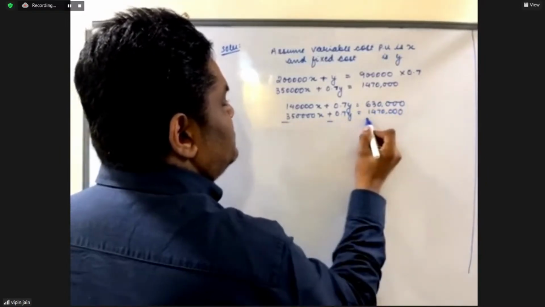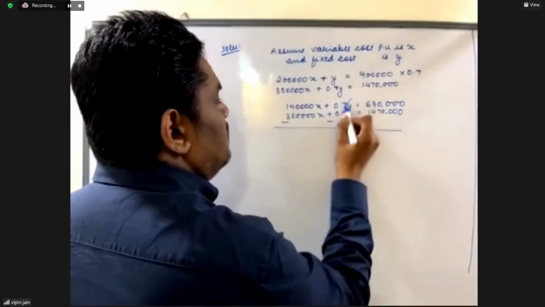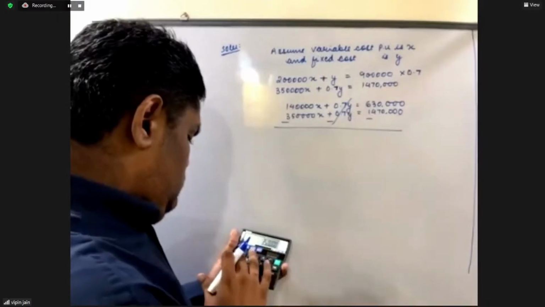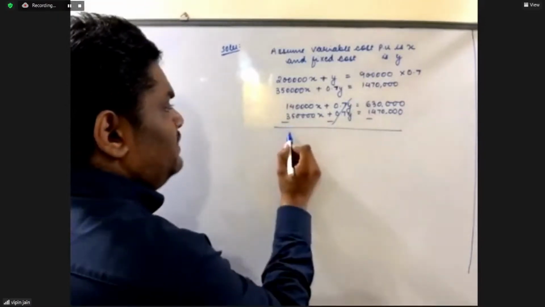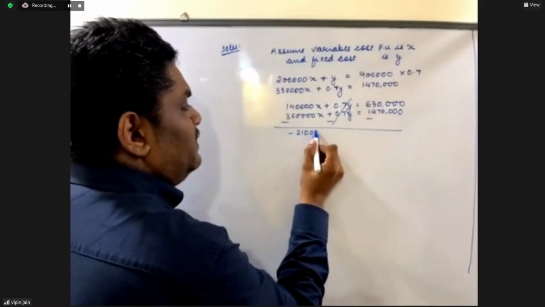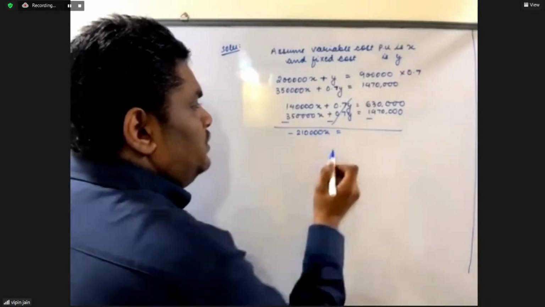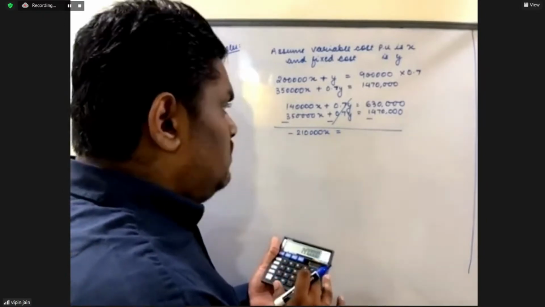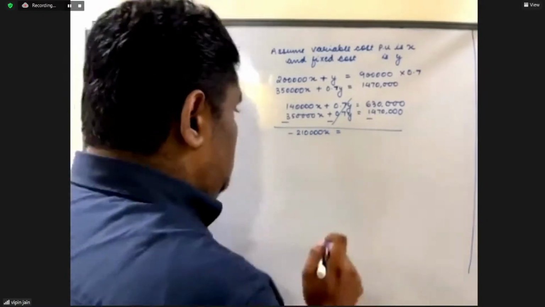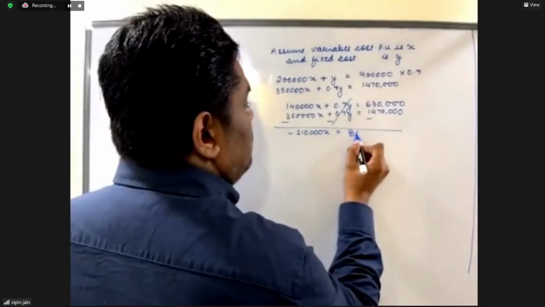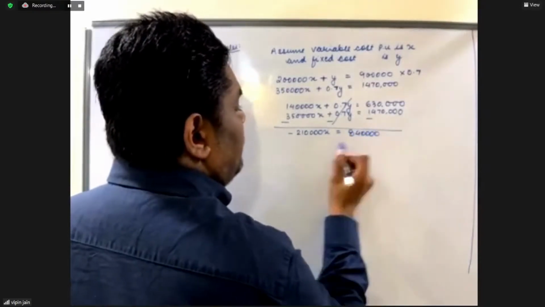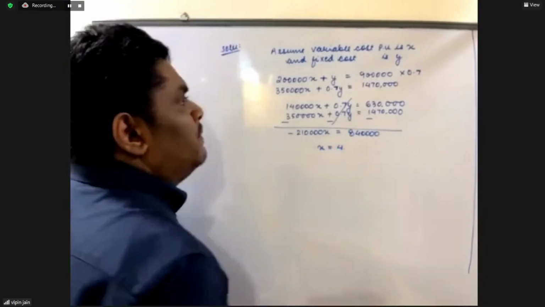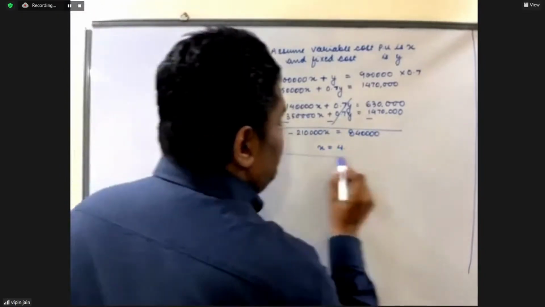So subtracting, 350 minus 140, this is minus 2,10,000 X should be equal to minus 8,40,000. So we can say X will be equal to 4.